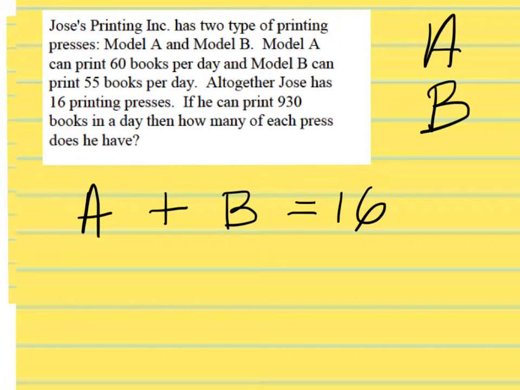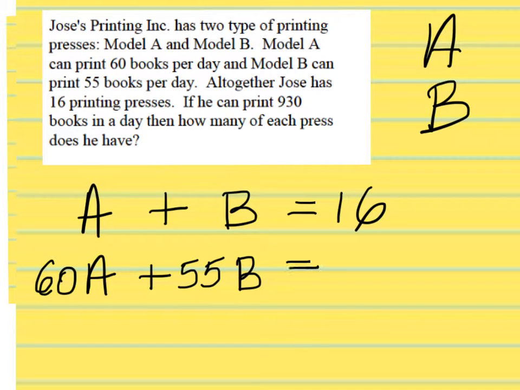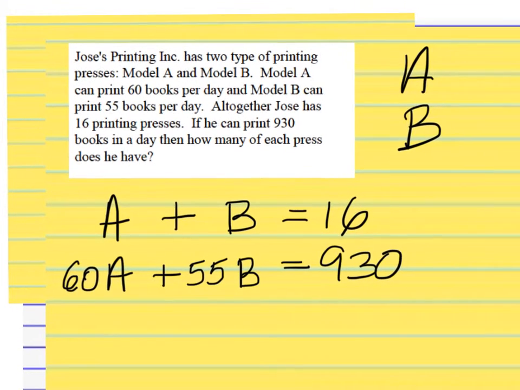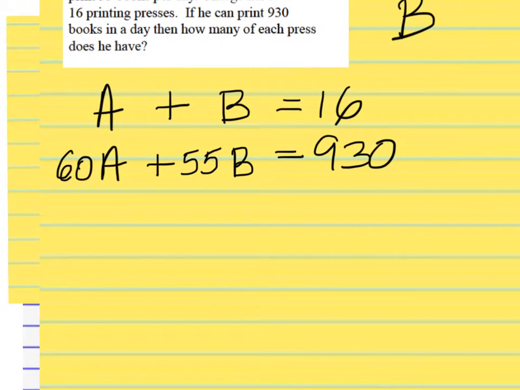Then we look at what the presses can do per day in terms of the number of books. Model A can print 60 books per day. And Model B can print 55 books per day. He can print 930 books in one day. Let's solve this one by substitution. Let's use this equation.